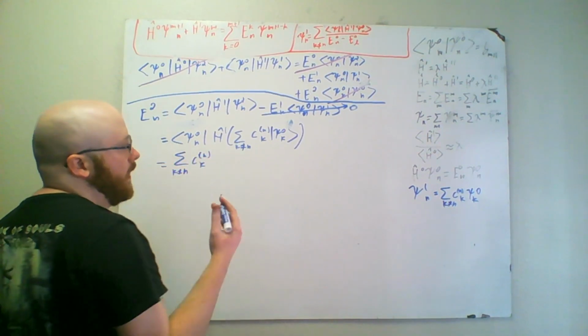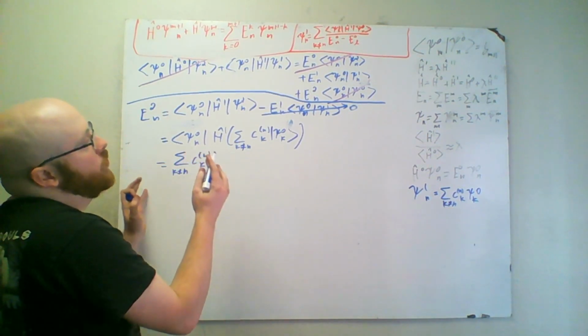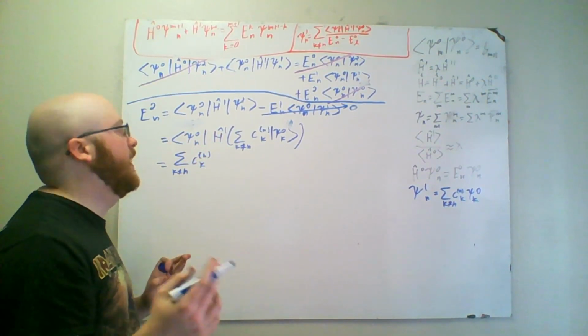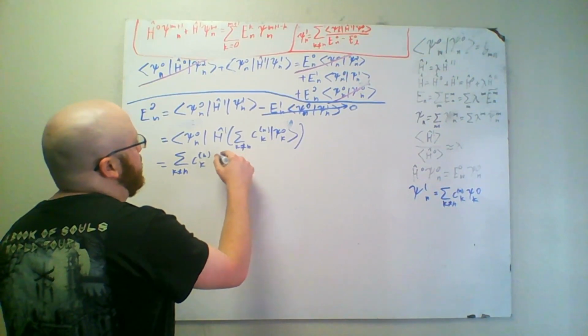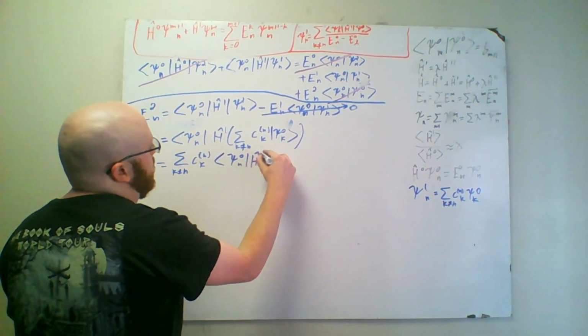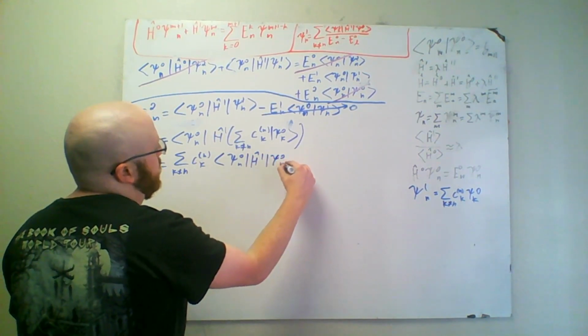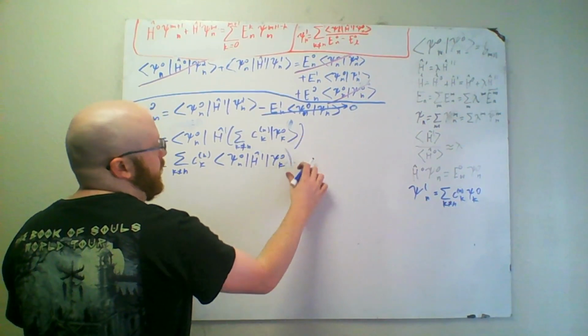Okay, so at this point, it's basically just taking what you know already, plugging it back into the original one, using stuff like orthonormality. There's nothing crazy going on here. But something to look out for: psi 0n, H prime, psi 0k. And like k.